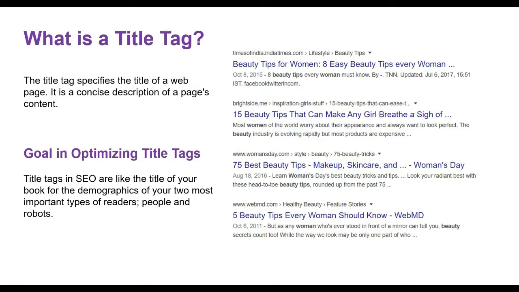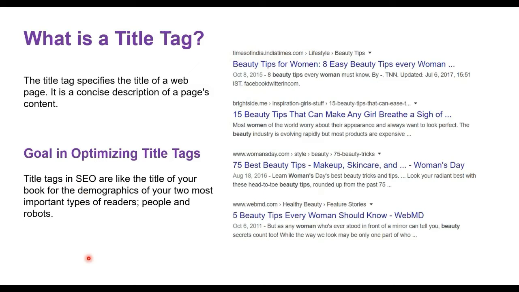Okay, so I'm going to show you how it looks here. As you see, the blue ones here are the title tags, and the longer descriptions are what we call the meta descriptions. And above our title tag is the URL.